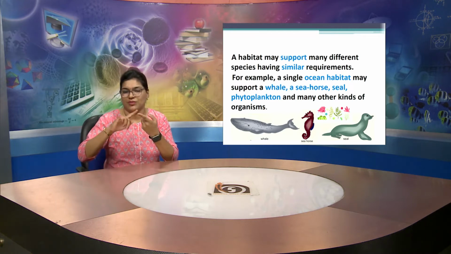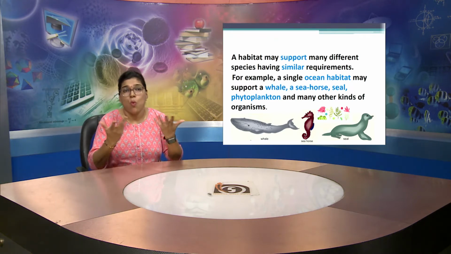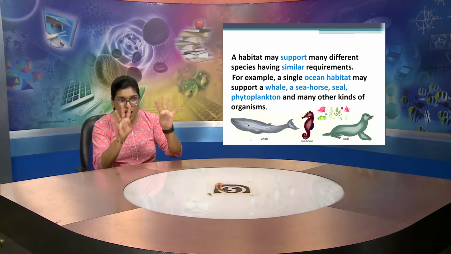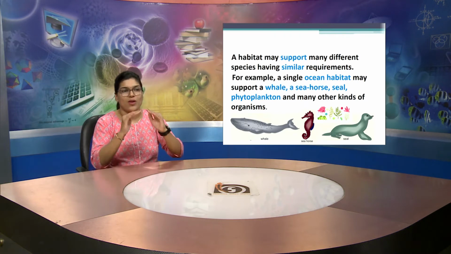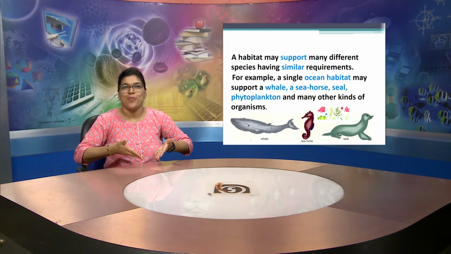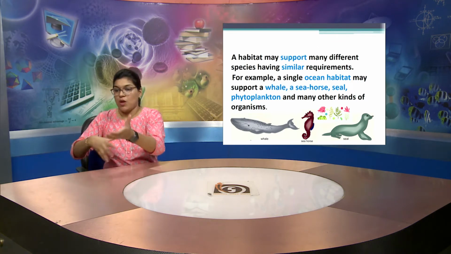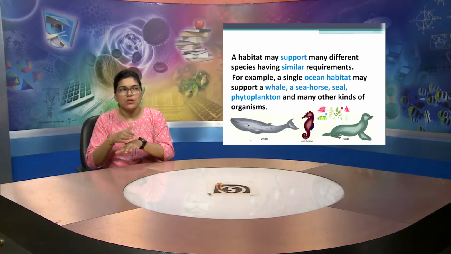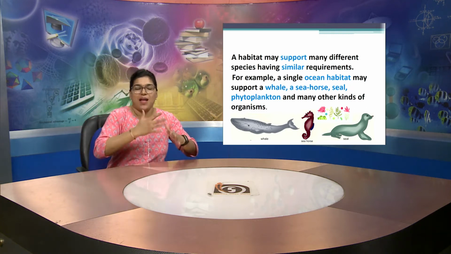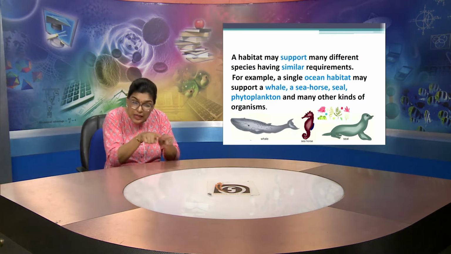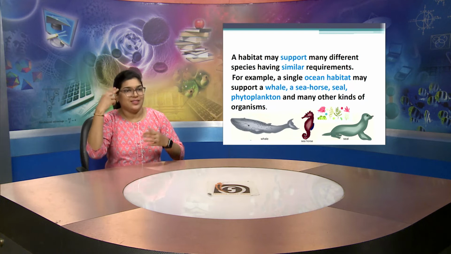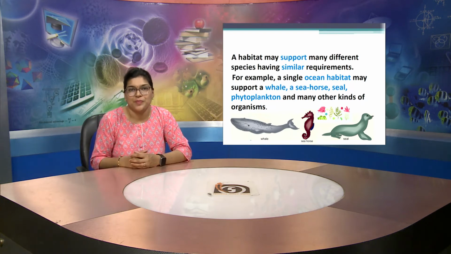And the seal, or the phytoplankton. Phytoplankton is a water plant. So all these, and many other kinds of organisms, need a particular environment. So that is why their home or their habitat is similar, like ocean or water.